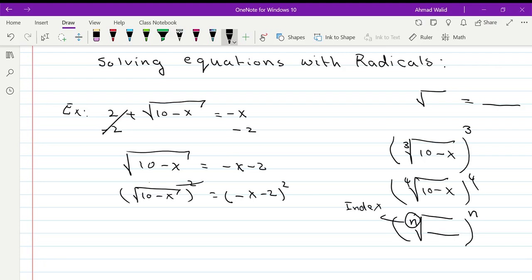Here it cancels out. Then 10 minus x equals, look, you have a minus b squared. Or if you cannot deal with this, multiply negative x minus 2 times negative x minus 2. Let me go this way actually for you. Negative x minus 2 times negative x minus 2. Foil it.